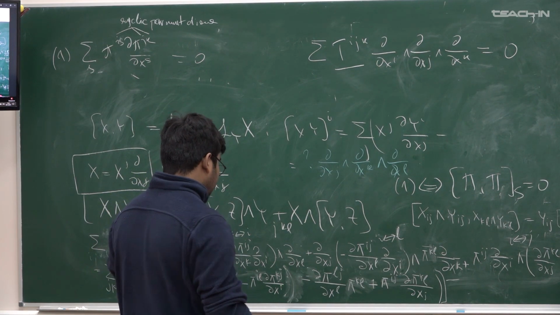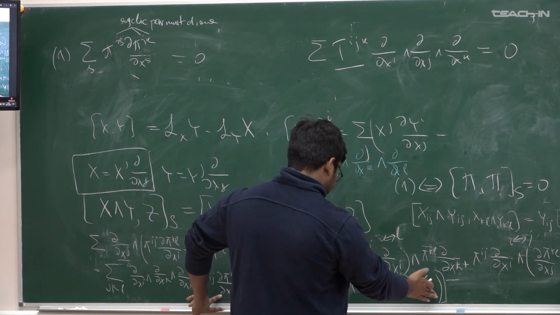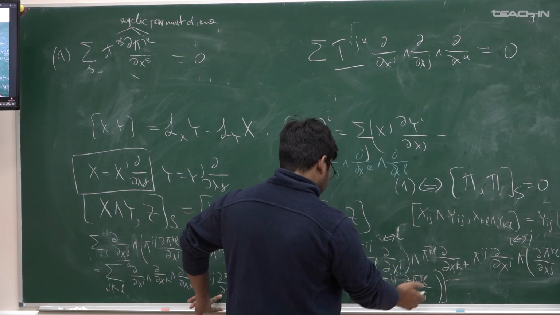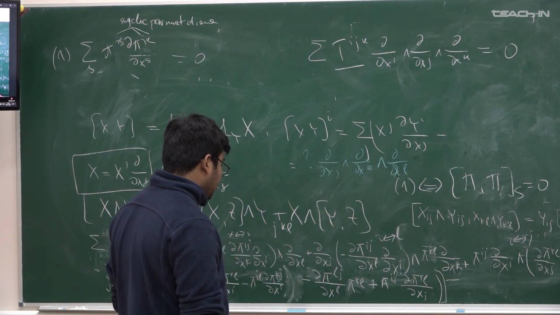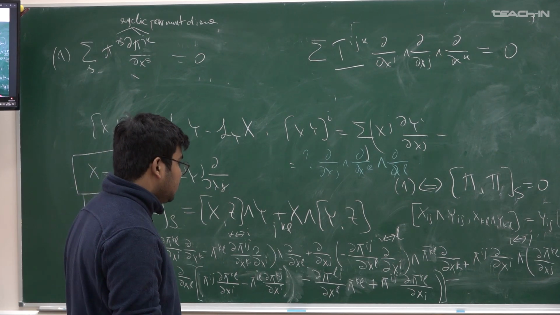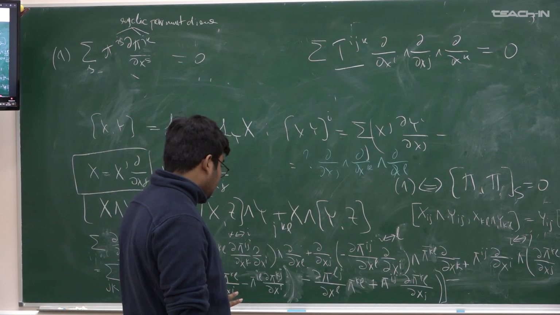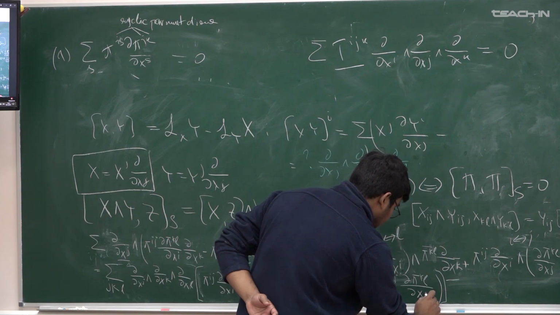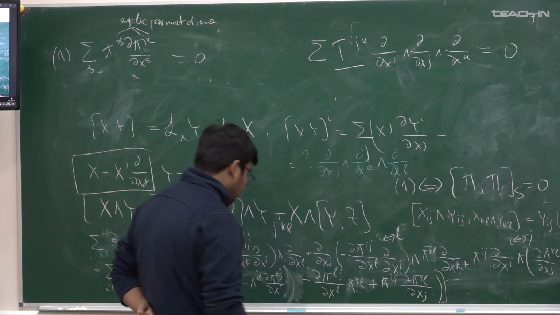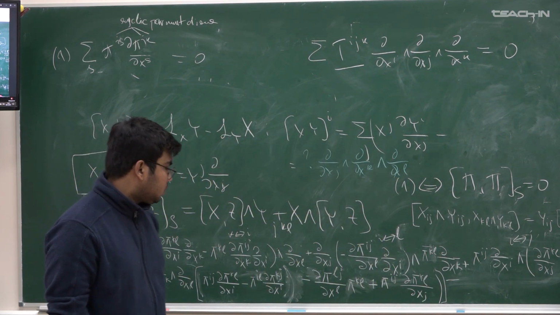Is there any similarity? They are equal. Yes, they are equal, but with the same sign. No, they are not equal. There is a derivative on different variables. This is over j and this is over i.